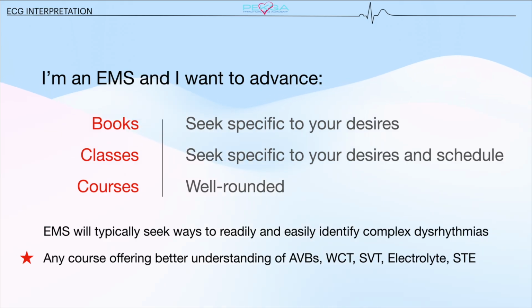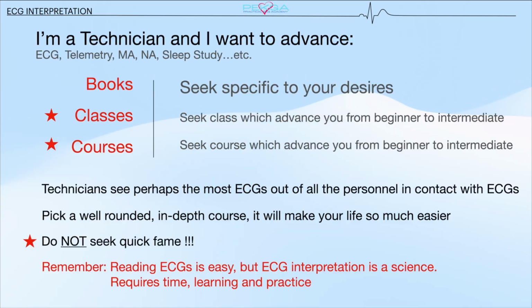You're going to get something across your screen. You want to be able to interpret this relatively quickly. So if you're looking for courses, look for courses that will give you a better understanding of AV blocks, discerning wide complex tachycardia, SVT, electrolytes, and of course, STEMI related stuff.